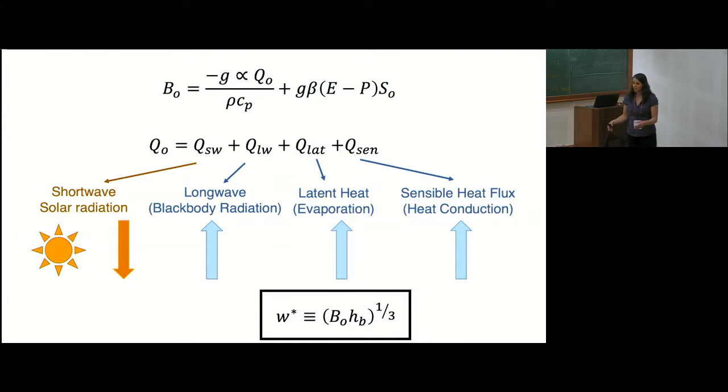When the upper ocean cools, it can cause destabilizing surface conditions, which cause convection, and the convective velocity scale is w*, which depends on this buoyancy forcing and the depth of the mixed layer.